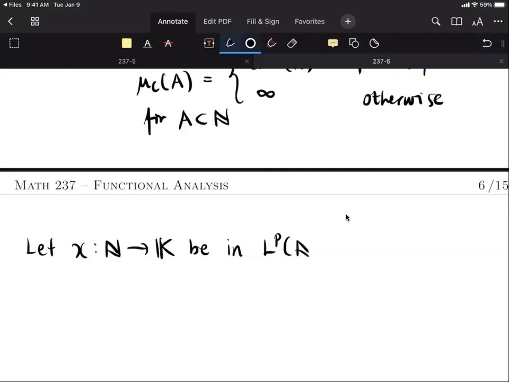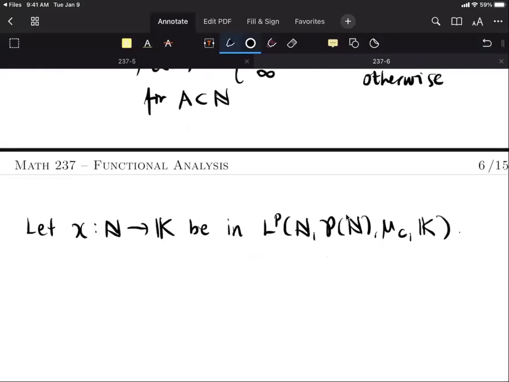So this is your set, this is your sigma algebra, this is your measure, the counting measure, and the values are in K. Here we will only consider the case where p is finite. When p is infinity, one can adapt the argument in a similar way.